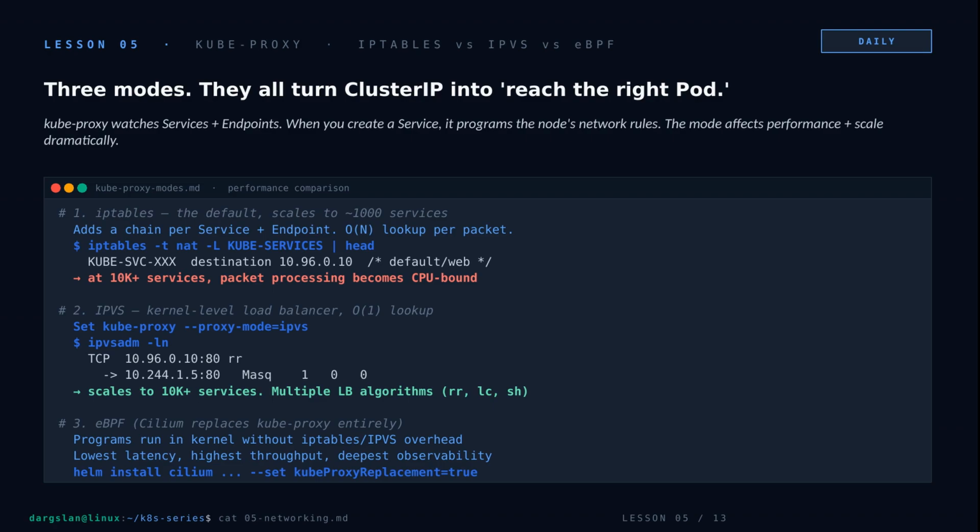IPVS flips that to O(1) with a real kernel load balancer, scales cleanly to 10,000-plus services, and gives you round-robin, least connections, source hashing. And then eBPF: Cilium replaces kube-proxy entirely, runs the logic in kernel with no iptables overhead, and hands you the deepest observability story of the 3. Iptables to learn, IPVS to scale, eBPF when latency and visibility matter most.